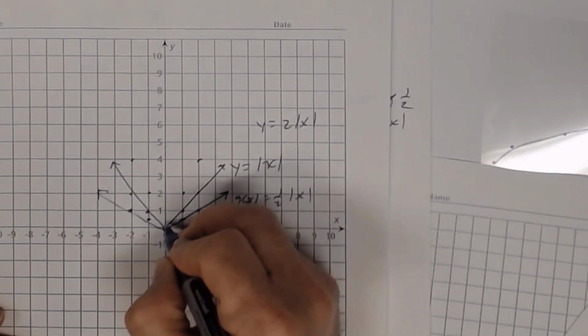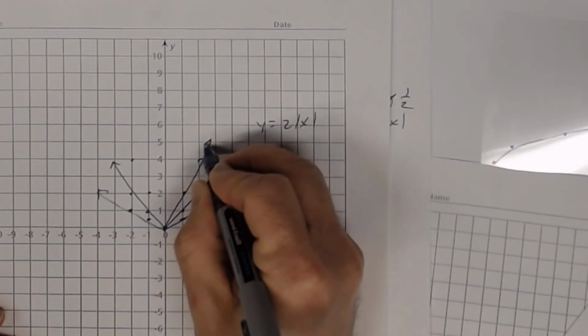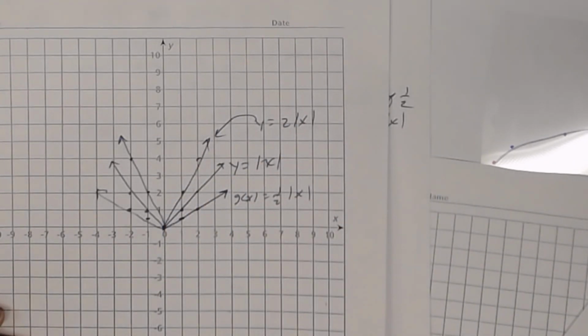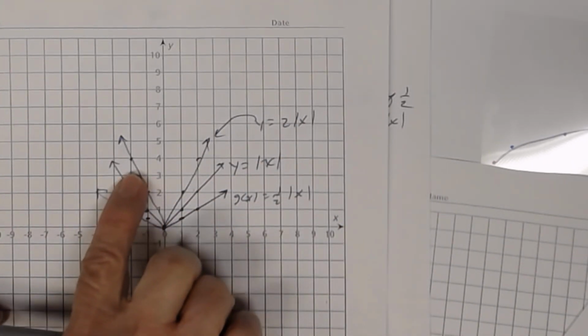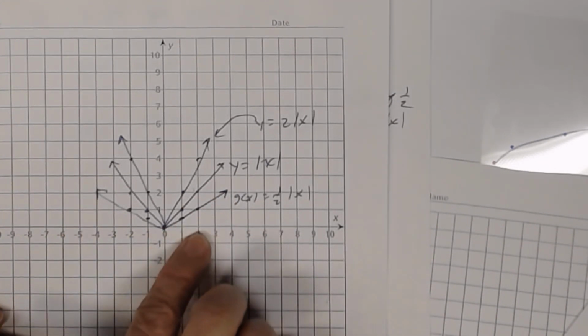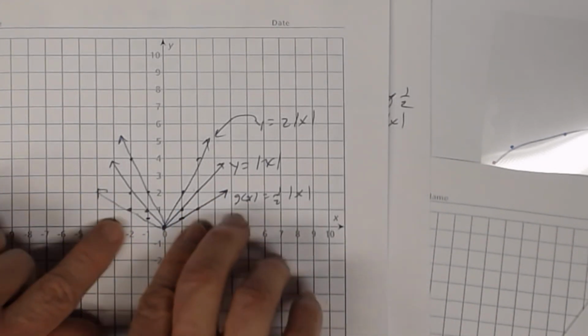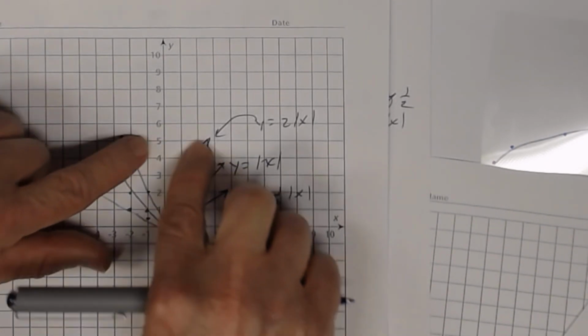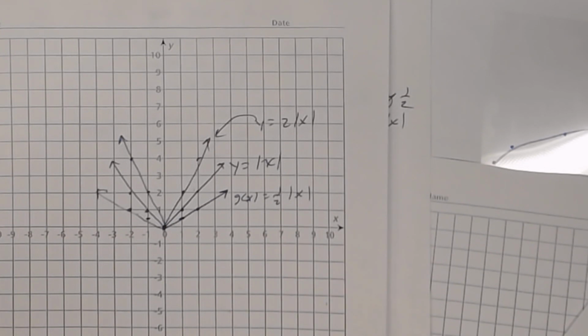So that one looks like this. All right, so that is y equals 2 absolute value of x. So here's your parent function. Here's the graph being shrunk vertically, so it's moving towards the x-axis. Here's the graph being stretched vertically, so it's moving towards the y-axis.